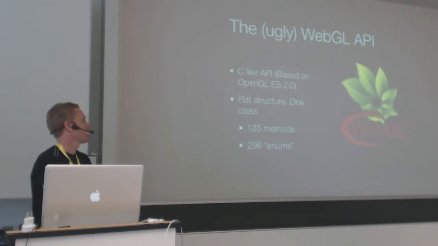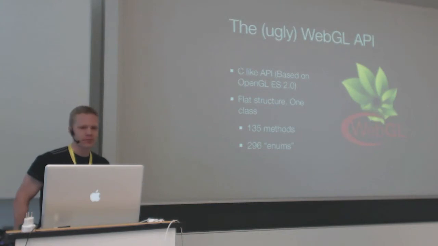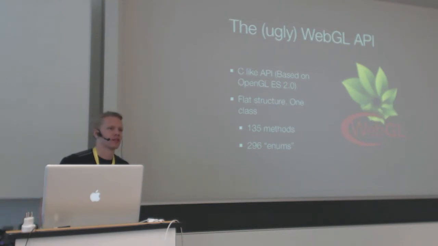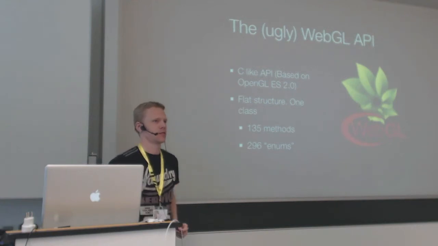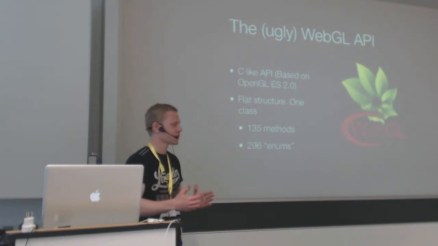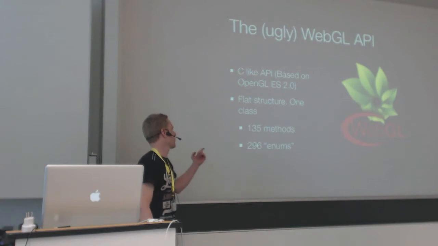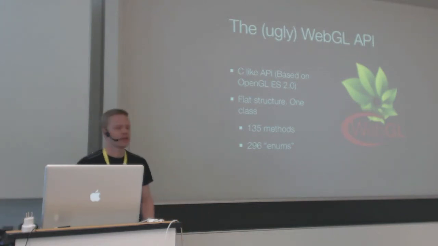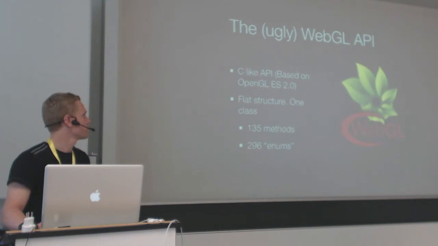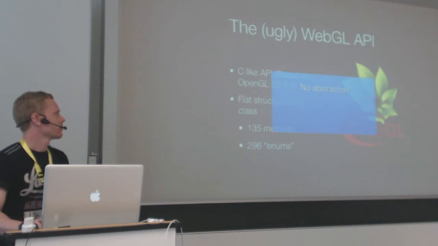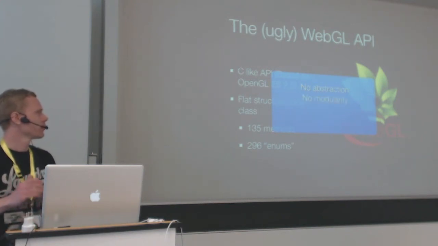So the WebGL API, as I told you, is based on OpenGL ES 2. The library is actually just one class because it mimics the C functions. So it has 135 methods and nearly 300 lines of enums, which are constants. There are absolutely no abstractions. It's very low level.